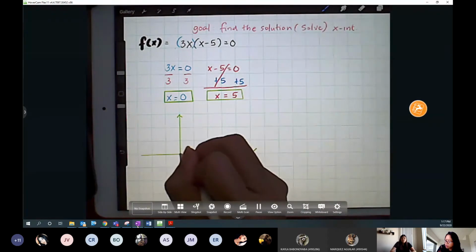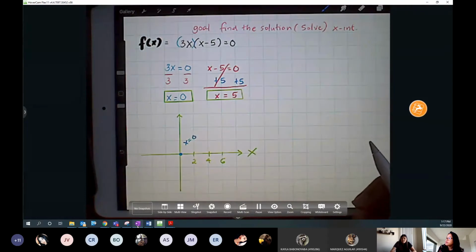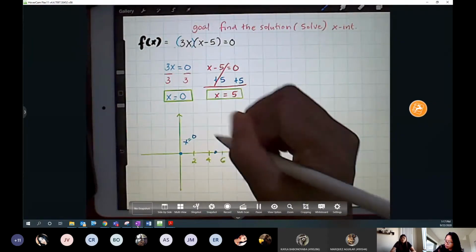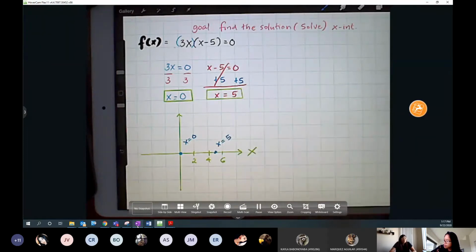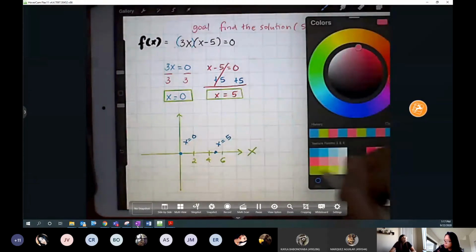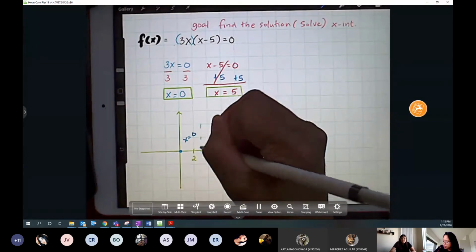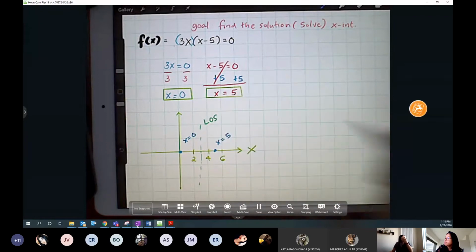So the first x is at 0. And then our next x is in the middle of 4 and 6, which is x equals 5. And then whatever is in the middle, that's going to be your line of symmetry or axis of symmetry.